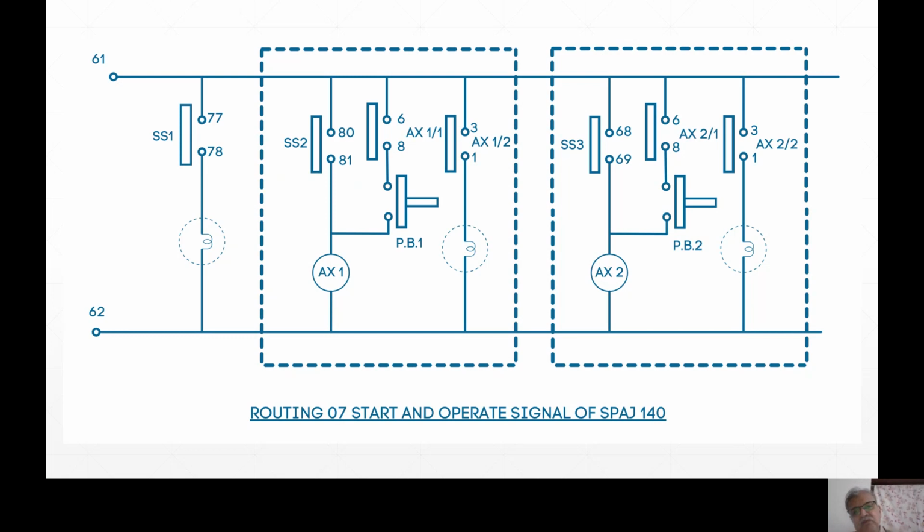So the lamp will keep on indicating unless you hand reset. PB1 and PB2 are shown normally open. It's a typo, a mistake. They have to be NC contacts, right? It's the usual practice.